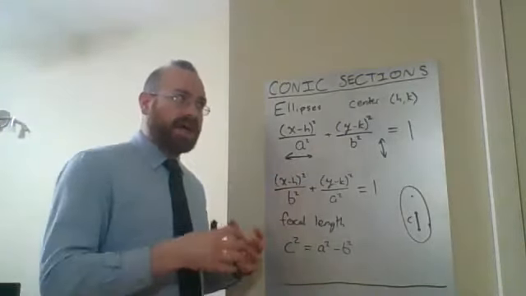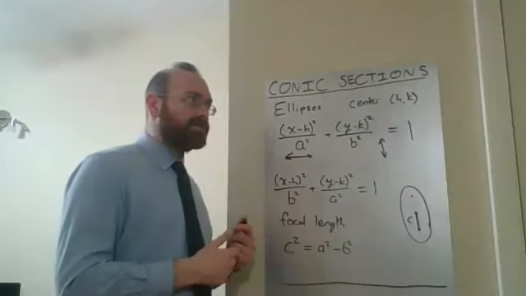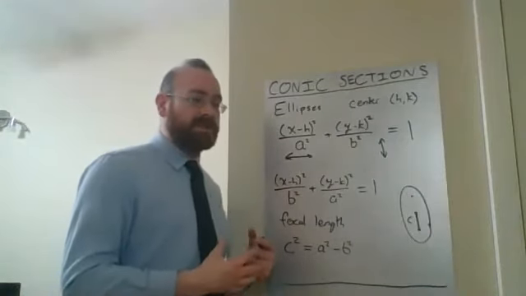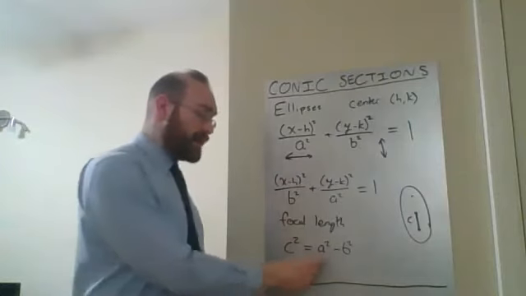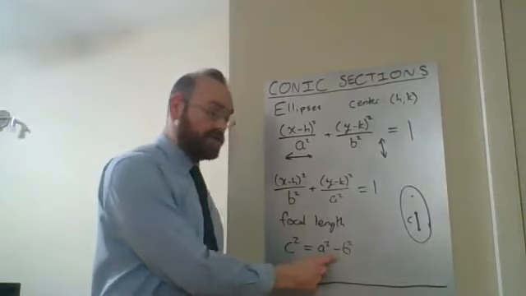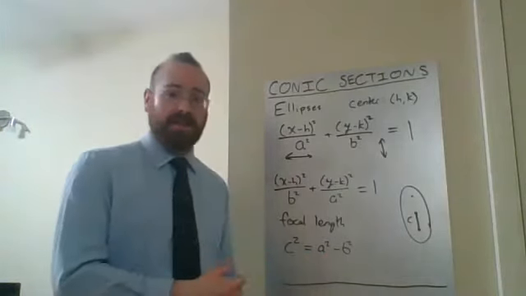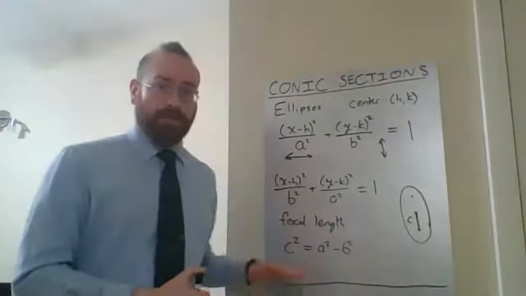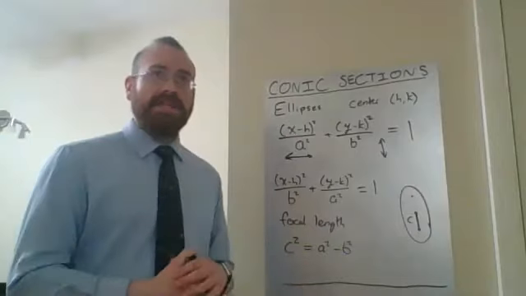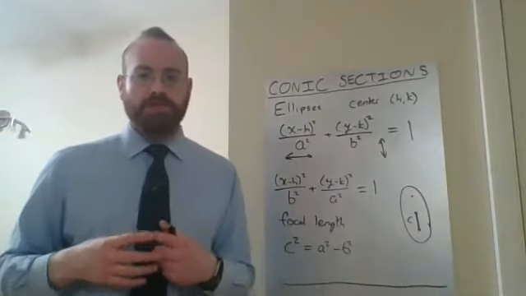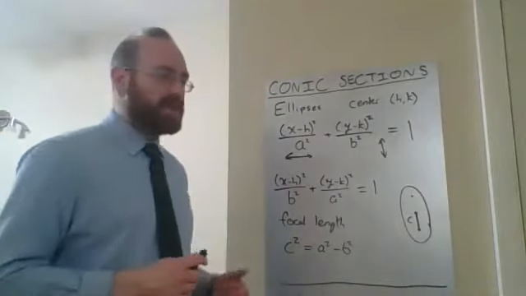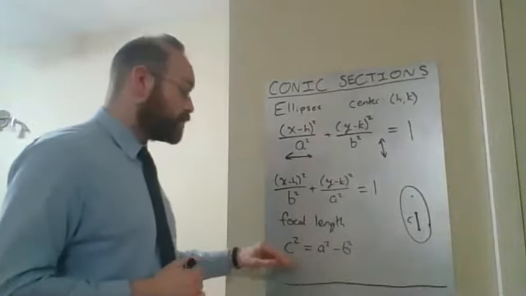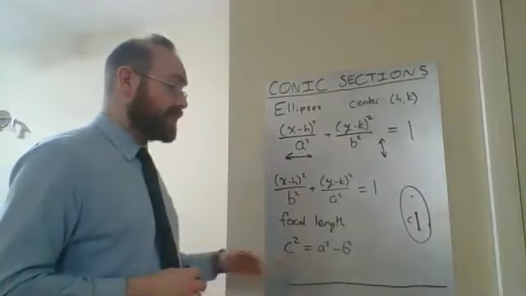So that logically says, well, if C has to be smaller than A, then we have to remove something from A squared before we take the square root of it to get C. That by no means is a proof of this, but it does help relate it to some logical ideas that will hopefully make it easier to remember this formula.